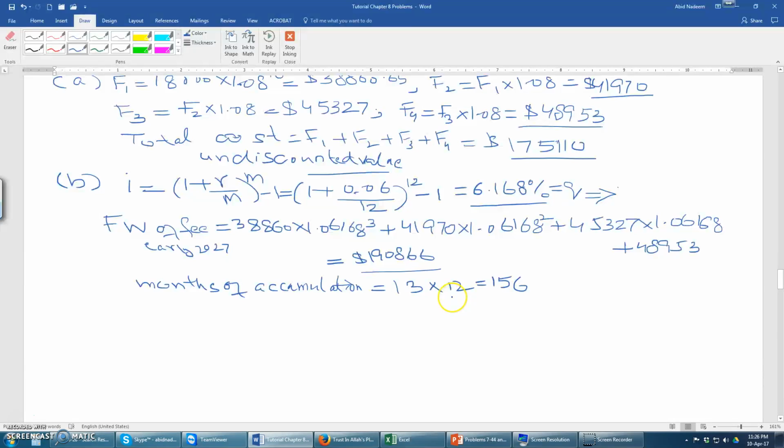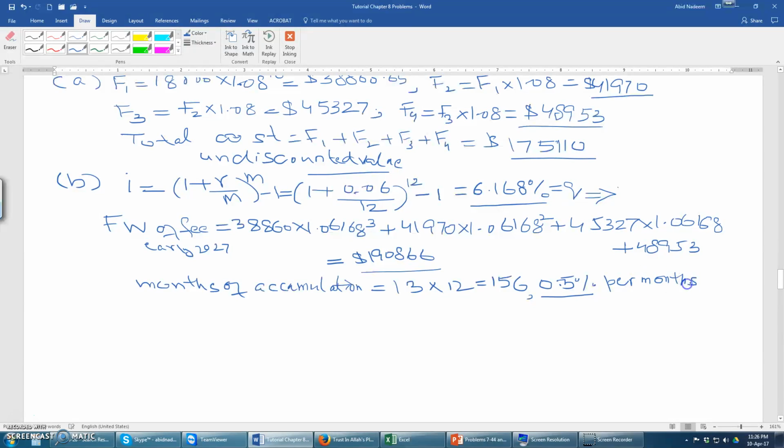Remember that the monthly interest rate is 0.5%, which is the effective interest rate per month.